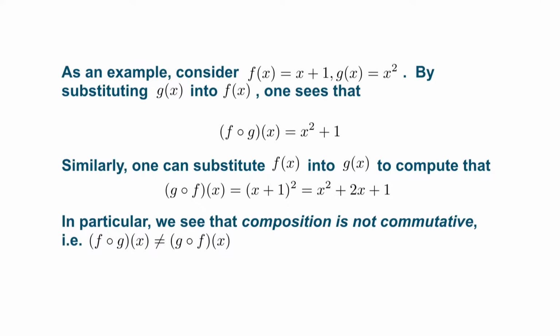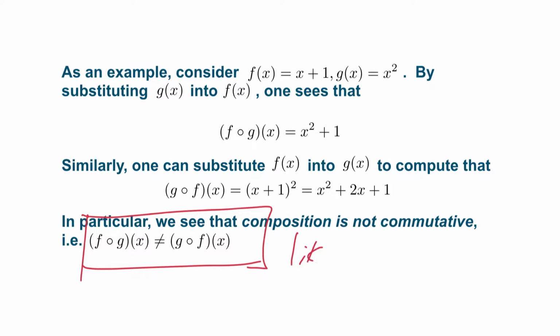I can do the same thing to compute g composed with f, where first I apply f to send x to x plus 1, and then apply g to send x plus 1 to x plus 1 squared. So g composed with f is x plus 1 squared, so x squared plus 2x plus 1. In particular, we see that f composed with g does not equal g composed with f.